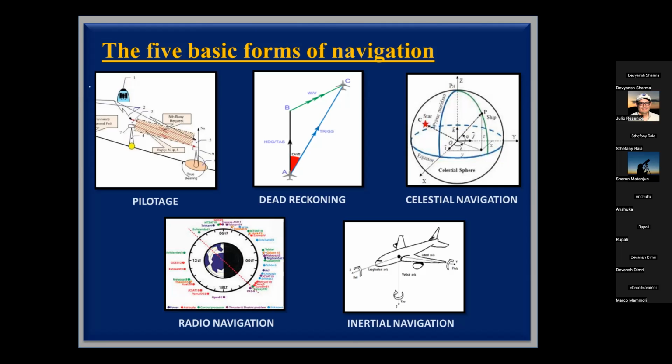The operation of the inertial navigation system depends upon Newton's laws of classical mechanics. It is the only form of navigation system that does not rely on external references. These forms of navigation can also be used in combination. The subject of today's presentation is the fifth form of navigation, the inertial navigation system.